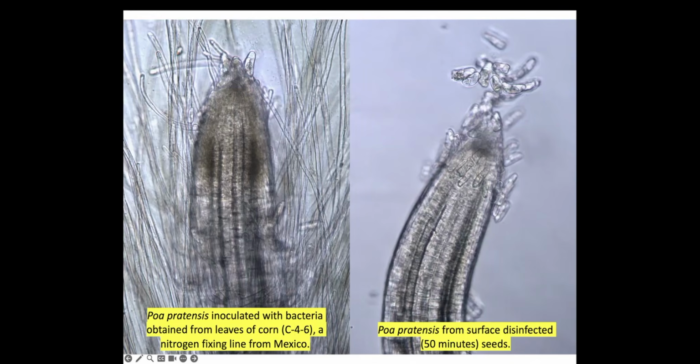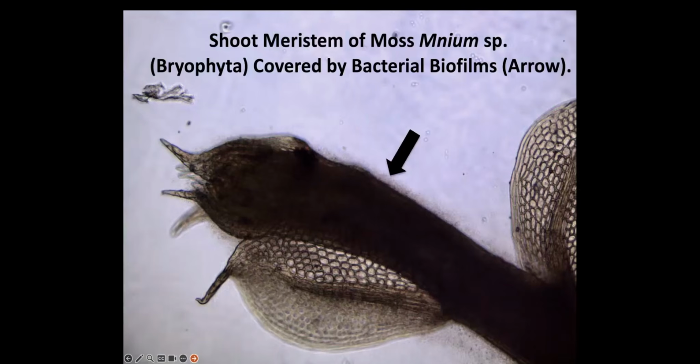And this whole dependency on bacteria started very early on in the development of plants. I've done some work with algae, and algae also carry bacterial endophytes in their tissues.